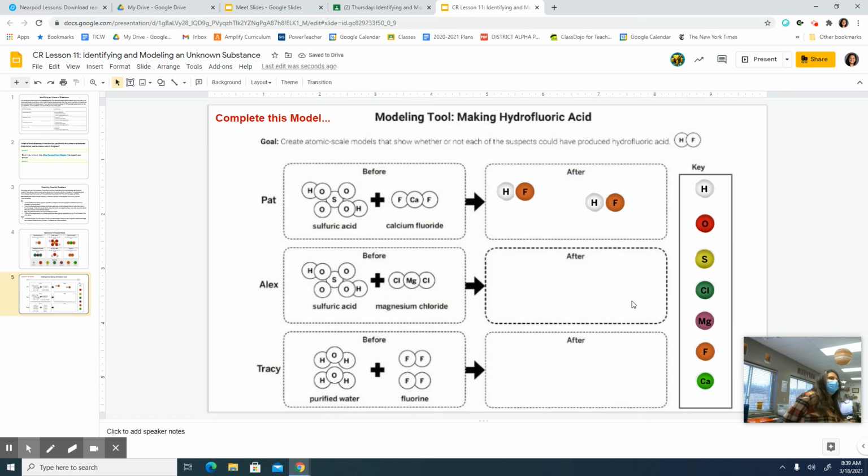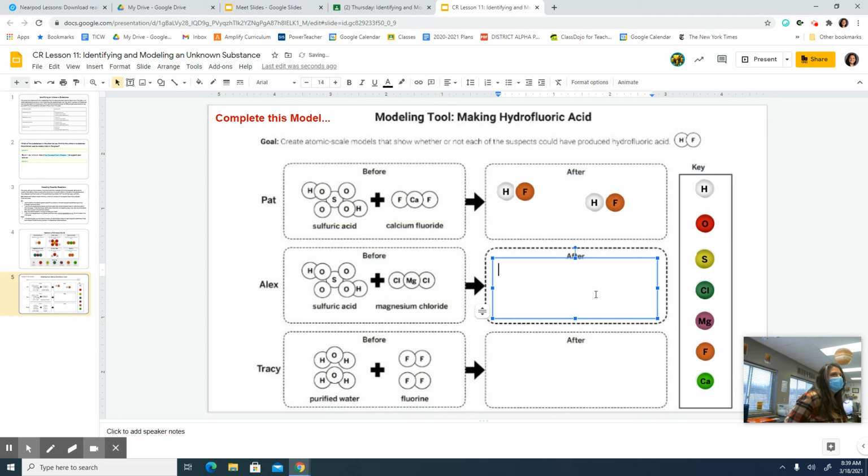All right, so Pat is a suspect. So go ahead and look at Alex and Tracy. If one of them you don't believe could have produced the acid, you're going to select a text box, and in this after space, you're going to give your explanation of why that person could not have created the acid.